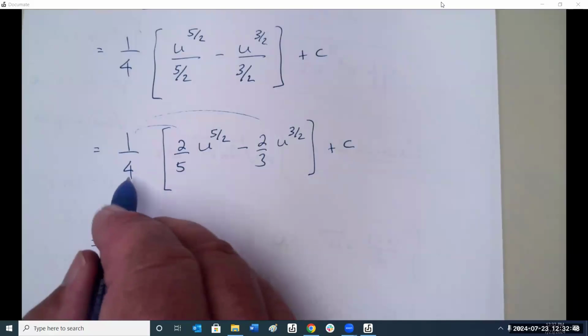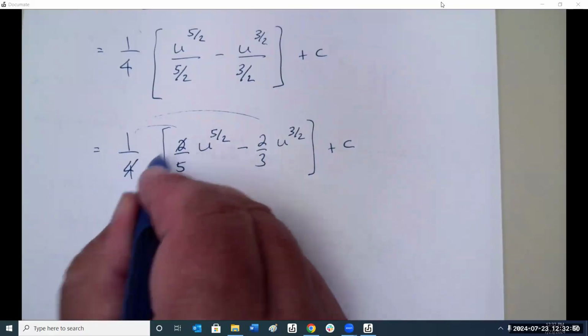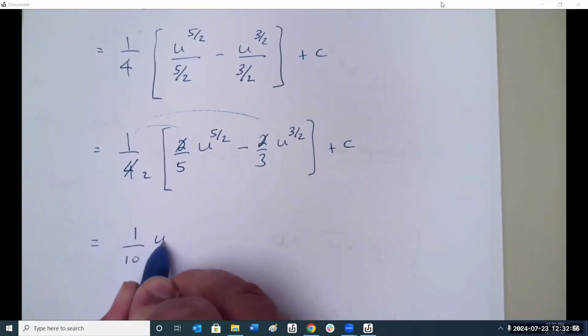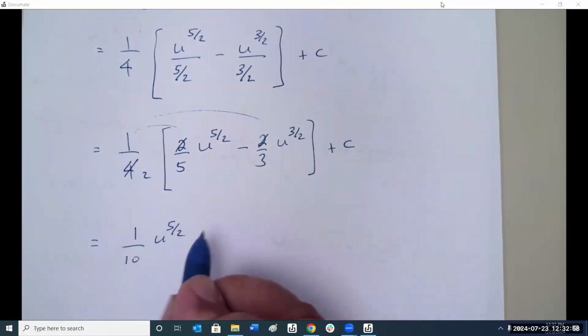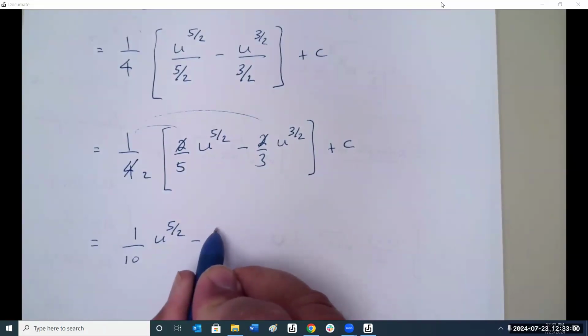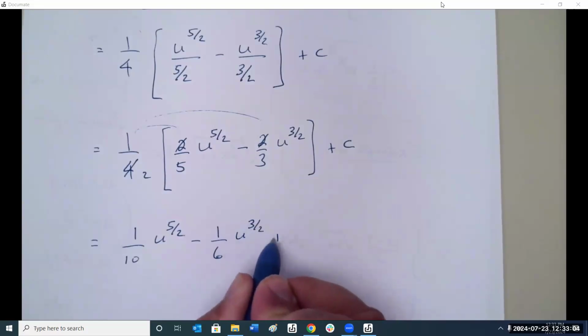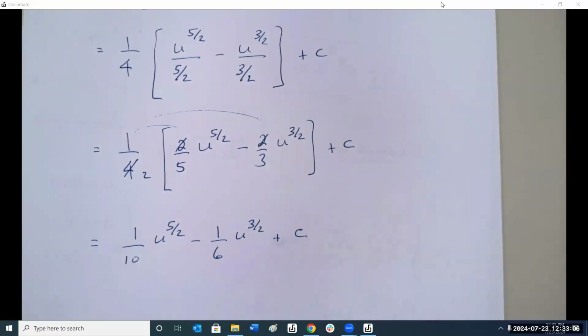Distribute that one in there. The 4 cancels with the 2s. So we get 1/10 u to the 5/2 minus 1/6 u to the 3/2 plus c.